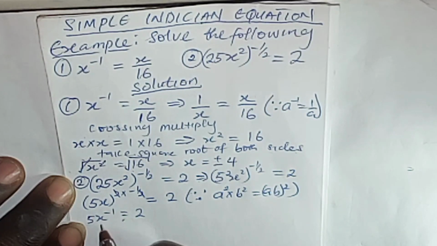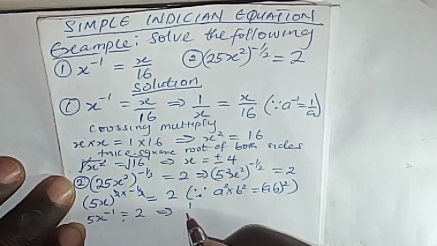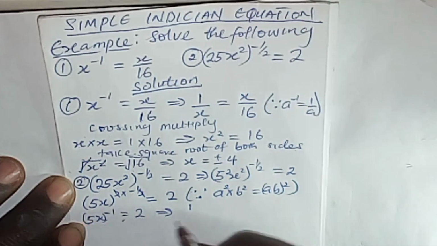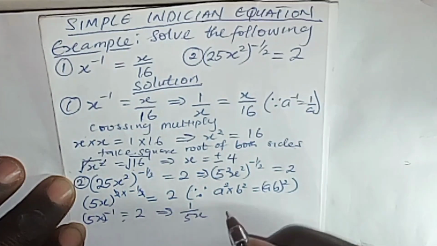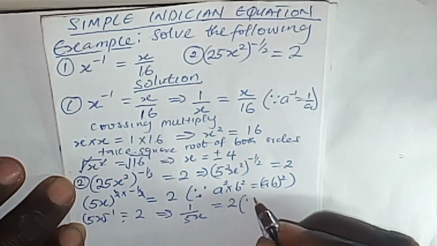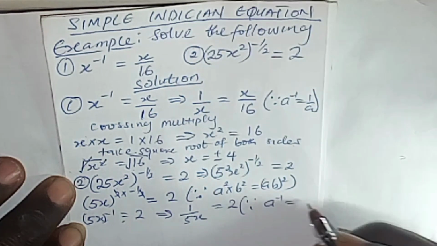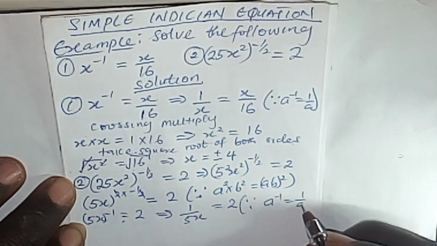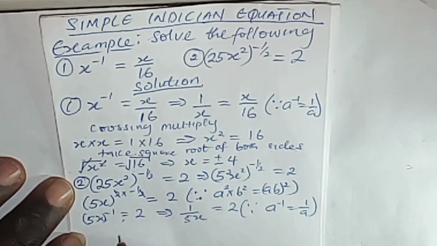And then this 5x raised to the power minus 1 we can change to 1 all over 5x, which is equivalent to 2. What's our reason? If you have a raised to the power minus 1, this is the same thing as 1 all over a. This is one of the laws of indices we applied here.